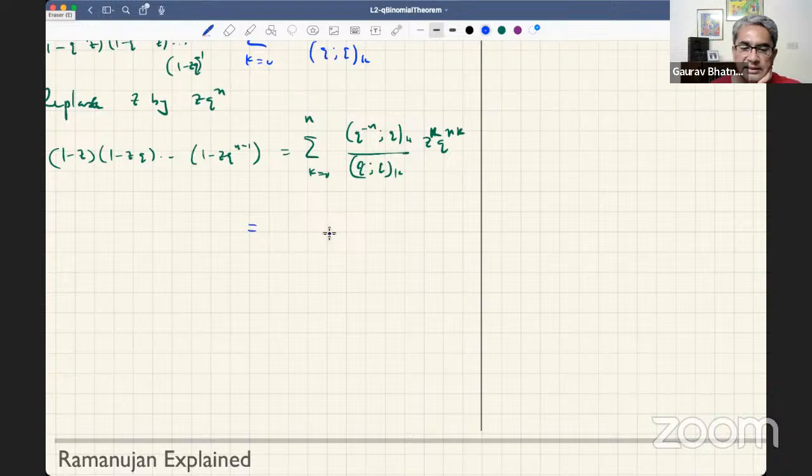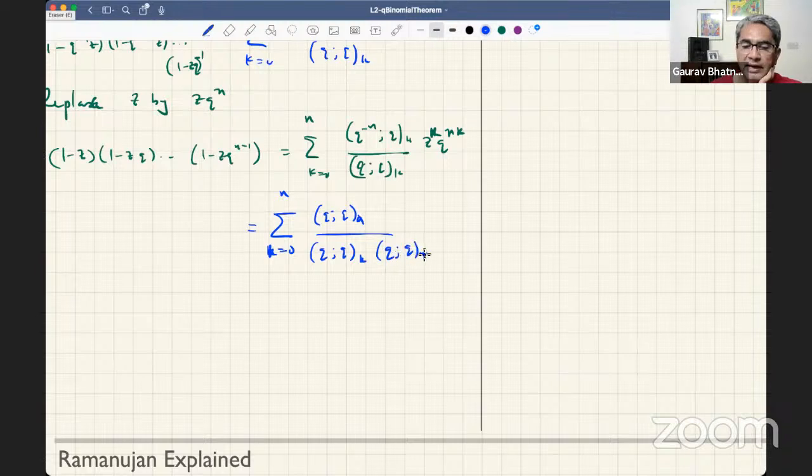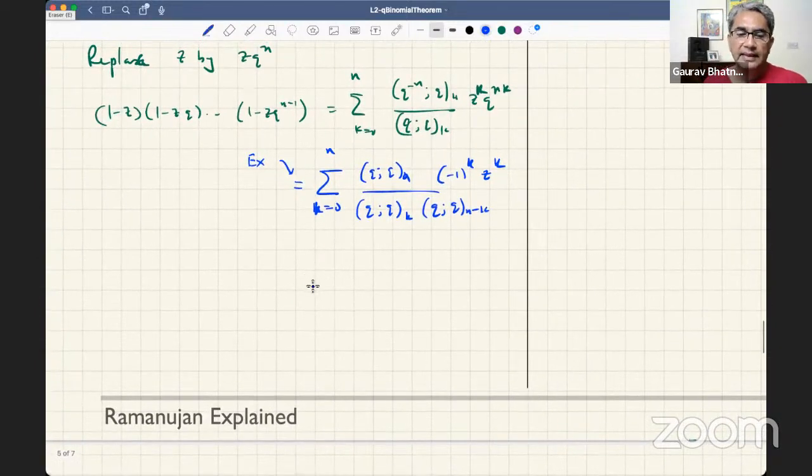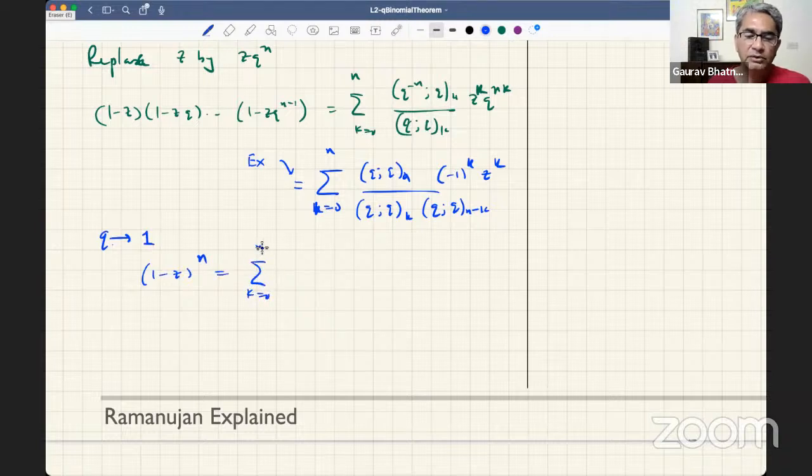This is a short exercise: for K going from 0 to N, you can write this as (Q; Q)_N over (Q; Q)_K and (Q; Q)_(N−K), with minus 1 raised to K and Z raised to K. Now, if we take Q going to 1, then we get 1 minus Z raised to N equal to the sum for K from 0 to N of N choose K times minus Z to the K. This is the binomial theorem in its finite form.